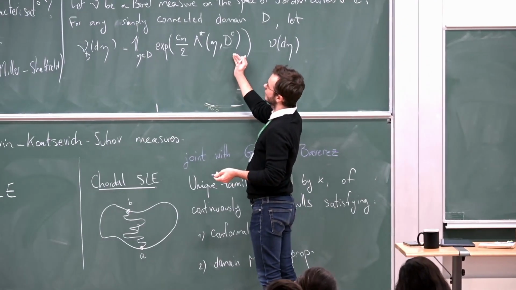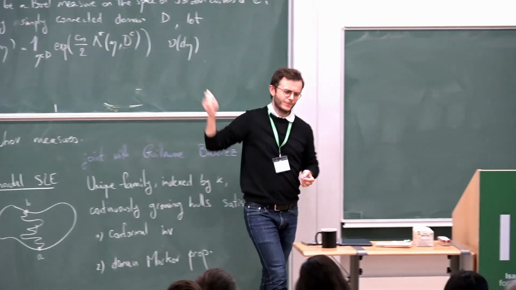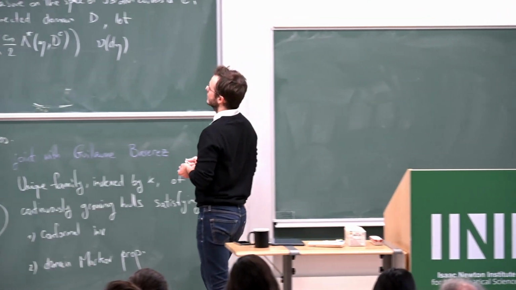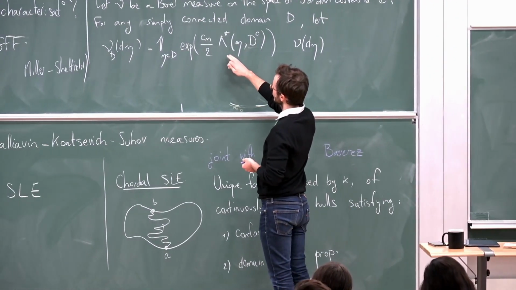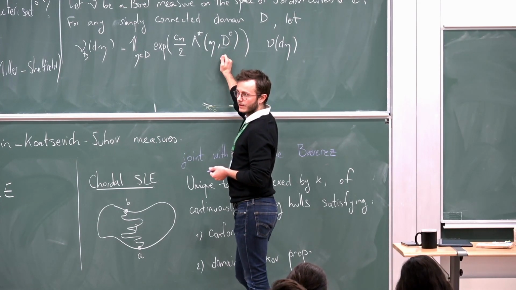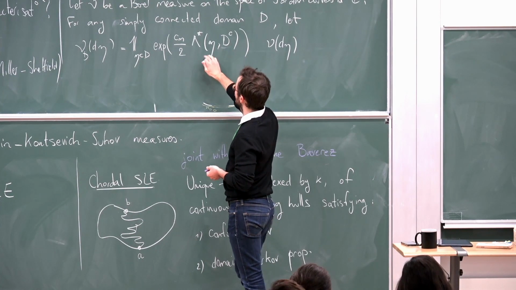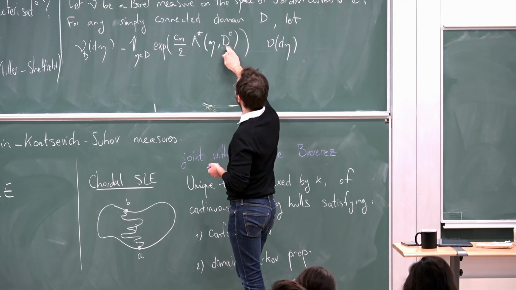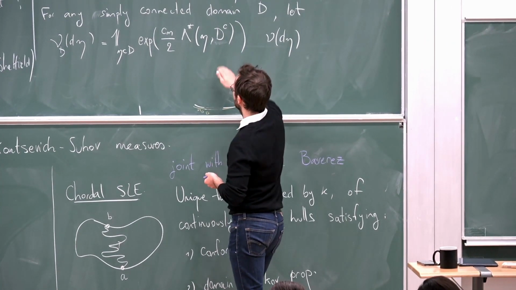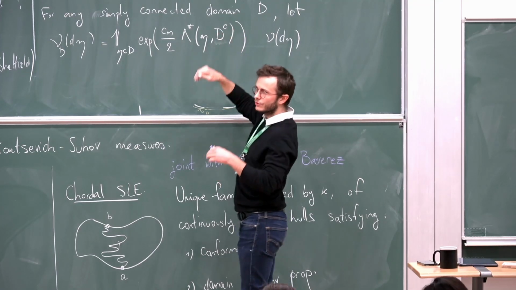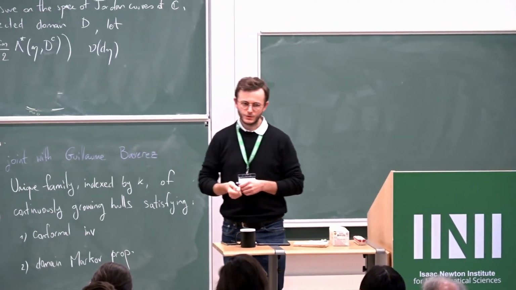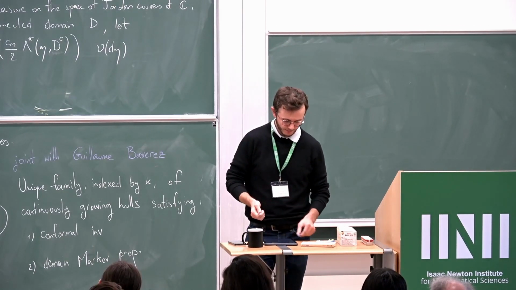Another way of talking about this object is to say that it can be defined using a zeta-regularized determinant of Laplacians in some domains. For instance, I would compare this in my domain D and also in the domain delimited by eta, the ratio of several of them. So it's a very natural thing.